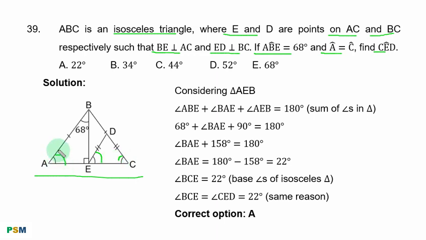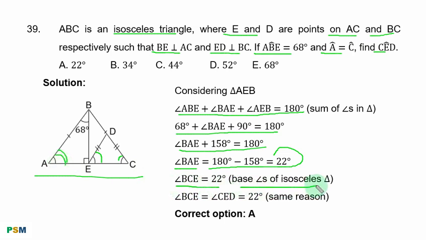We need this angle with the help of this angle. To get this angle, we have to consider triangle AEB. It is a right-angled triangle. The sum of the three angles is equal to 180 degrees. You have it in this form. After addition, you have this result. Angle BAE becomes 22 degrees. Angle BCE, this angle, is equal to this angle, 22 degrees.